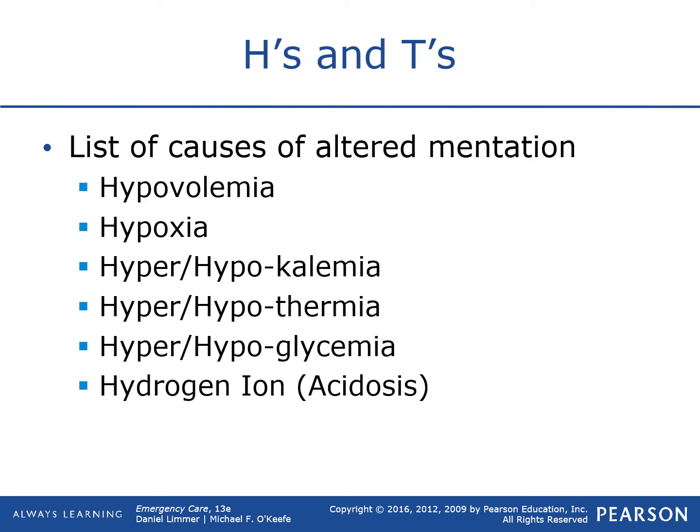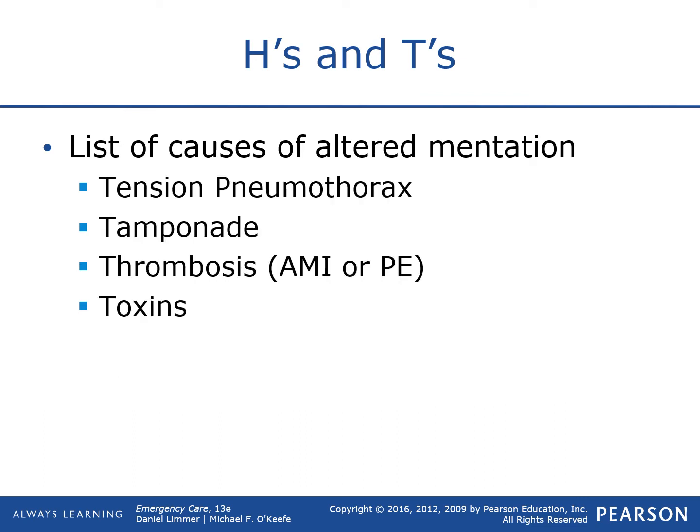So remember our H's and T's, we have hypovolemia, hypoxia, hyper or hypokalemia, potassium levels, hyper or hypothermia, hyper or hypoglycemia, hydrogen ion, which is acidosis, tension pneumothorax, tamponade, thrombosis, and toxins again.